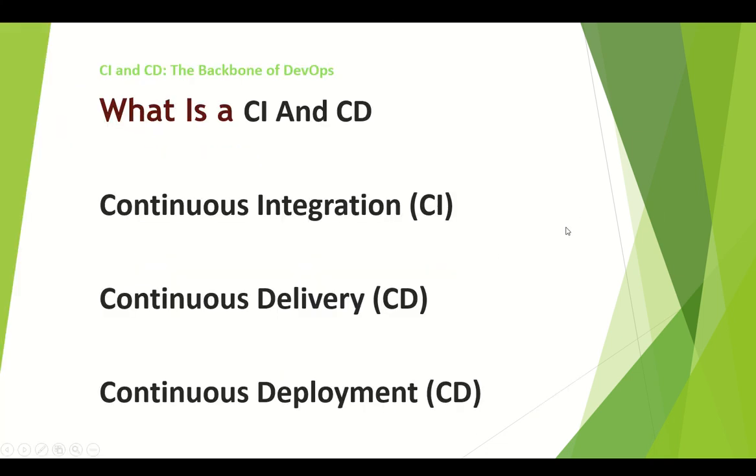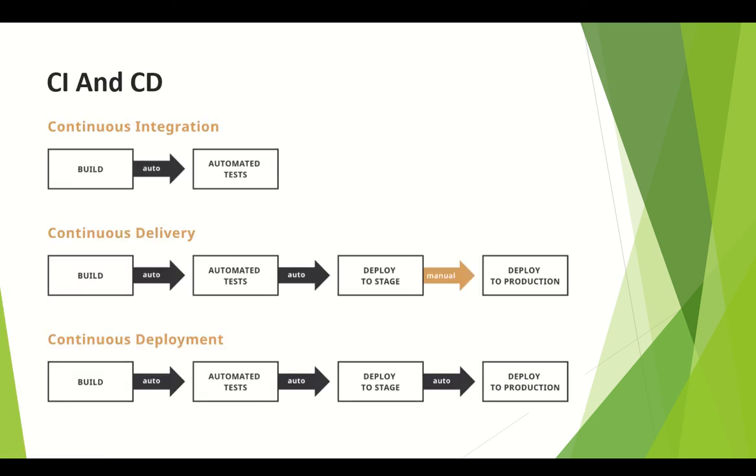Continuous integration, continuous delivery, continuous deployment: this is called the CI/CD pipeline. A little bit about continuous integration: if you see here, build, then automated testing, all of which we'll discuss a little more.